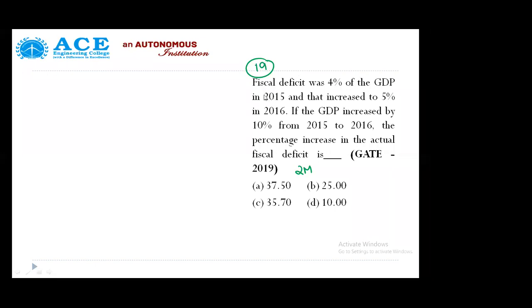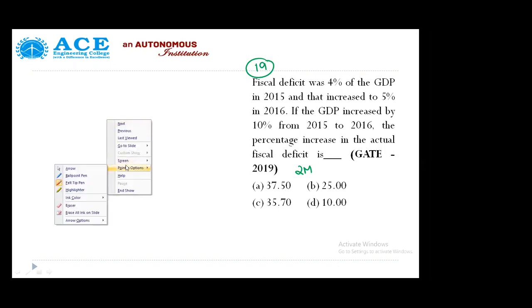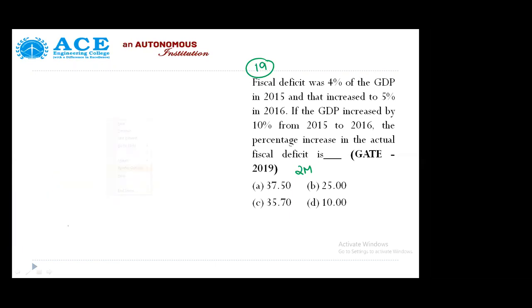Now let's see the 19th question. Fiscal deficit was 4% of the GDP in 2015 and that increased to 5% in 2016. The GDP increased by 10% from 2015 to 2016. What is the percentage increase?